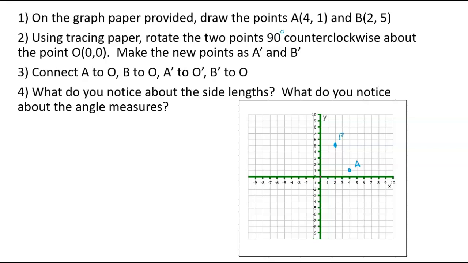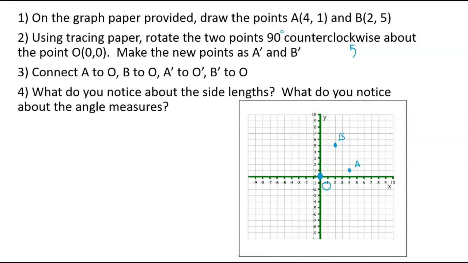So put a little A and a little B. Now you're going to use your tracing paper and rotate the two points 90 degrees counterclockwise, in that direction, about this point right here, which we're going to call O for the origin.